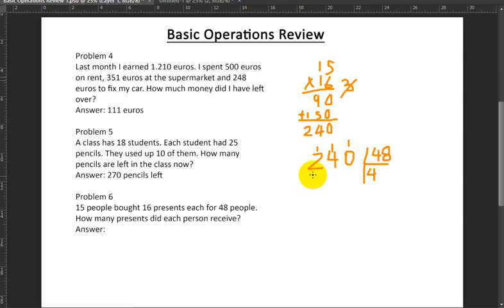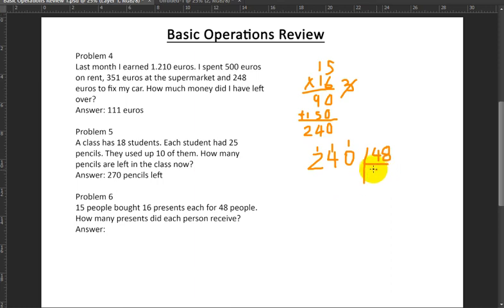And what I'm going to get from doing 4 times 48 is 192. And if I do the subtraction, I'm going to get exactly 48, which is equal to my divisor, meaning that I need to go back and try this one more time.